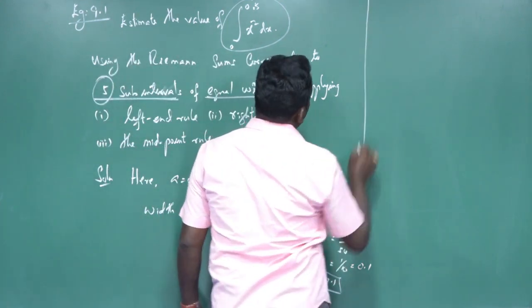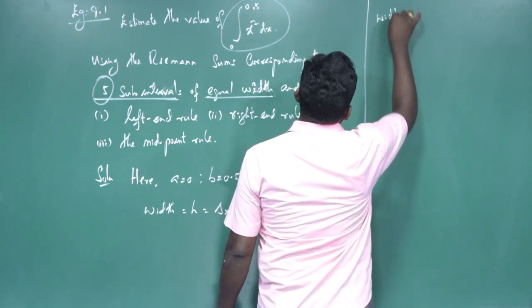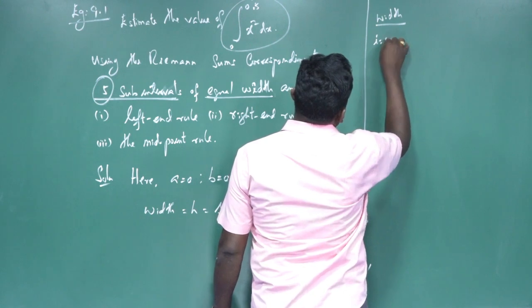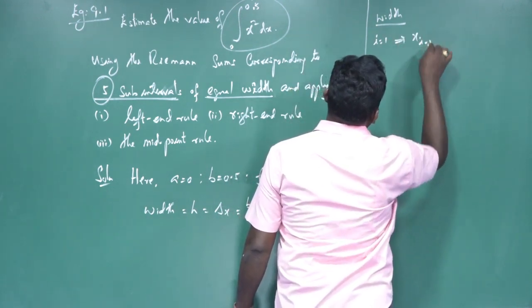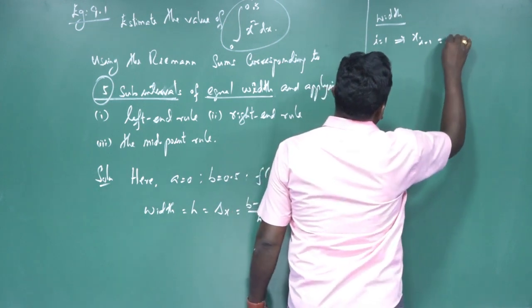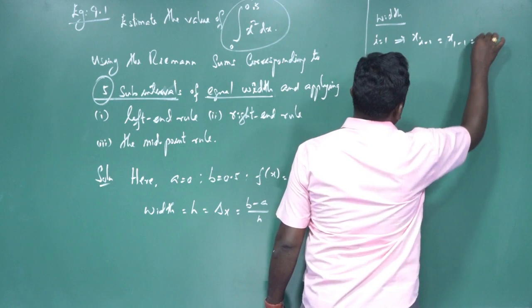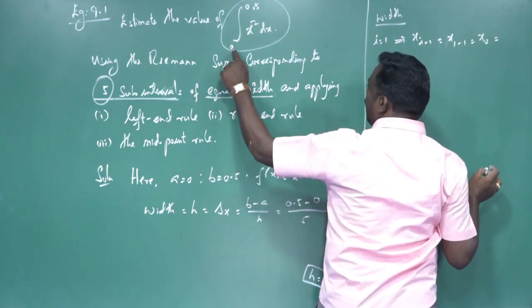Now, find the width of these intervals. When i takes the value 1, that implies x_(i minus 1), that is x_(1 minus 1), equal to x_0, and it is called the initial value, equal to 0.